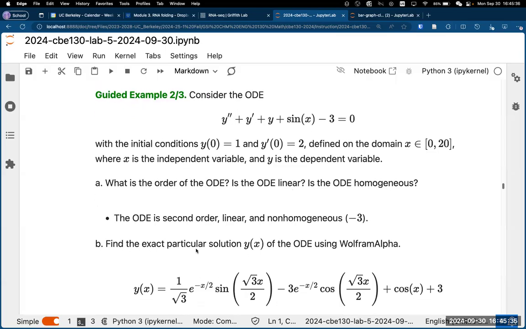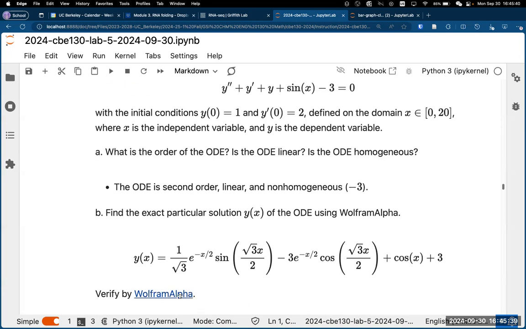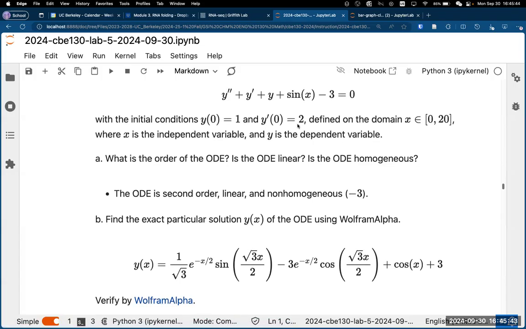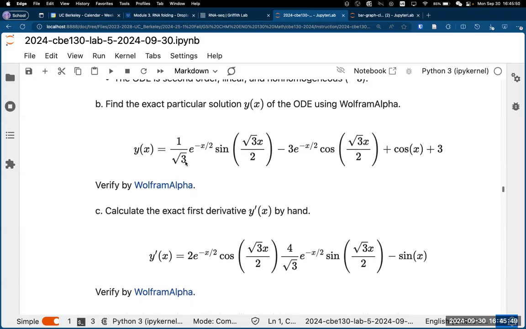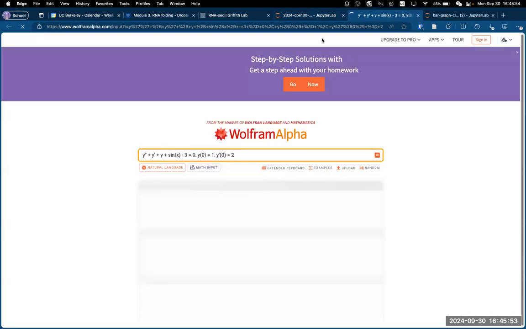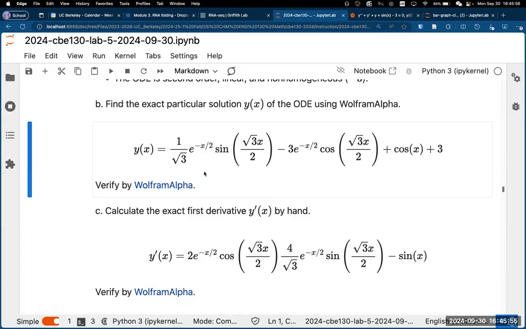So we want to find the exact particular solution with Wolfram Alpha. I think by now you already know how to use it. You just type this in with the initial condition, and then you'll get this particular solution. And you can also take the derivative of this pretty easily without retyping anything. So let me show you.